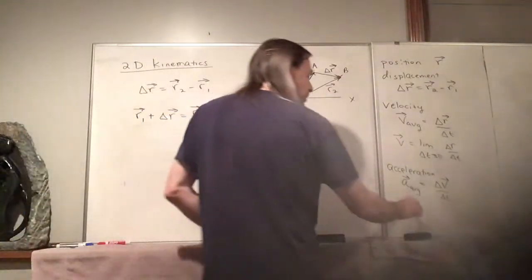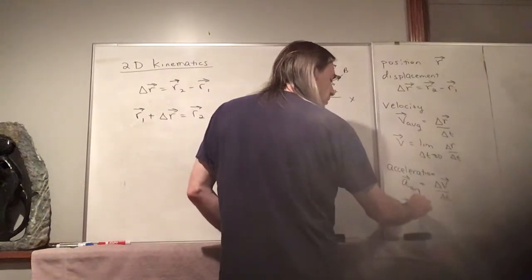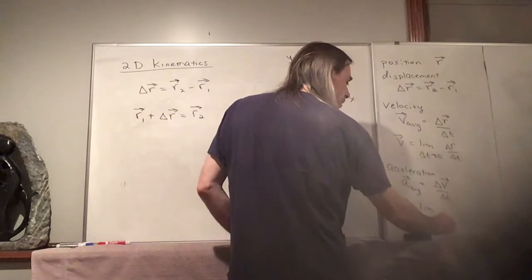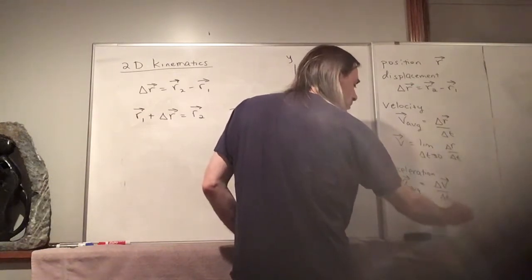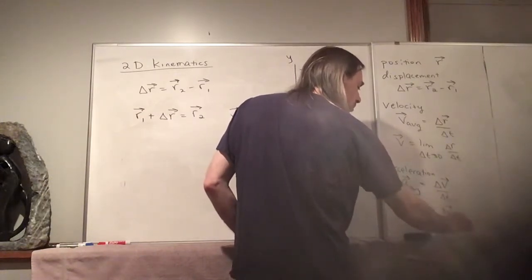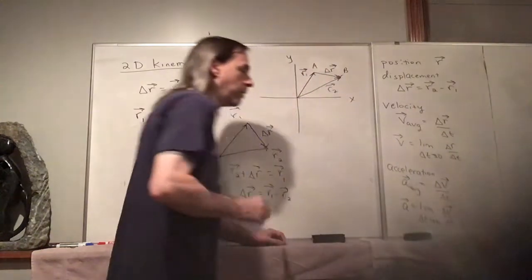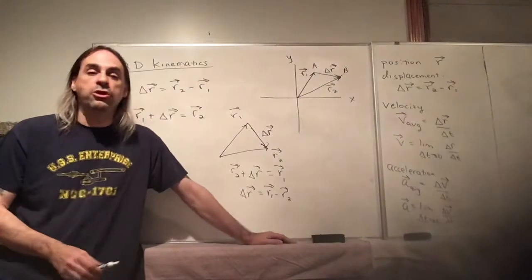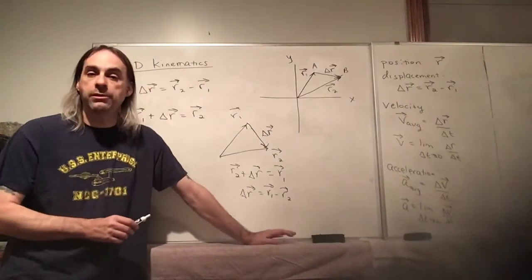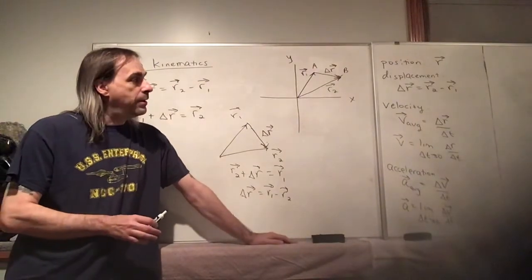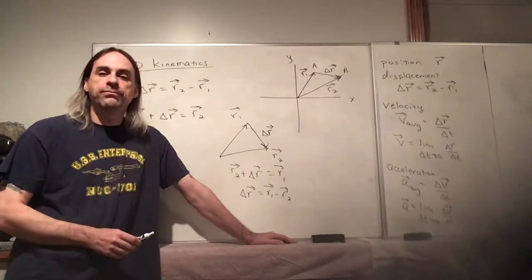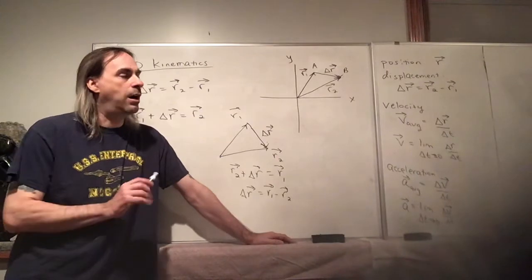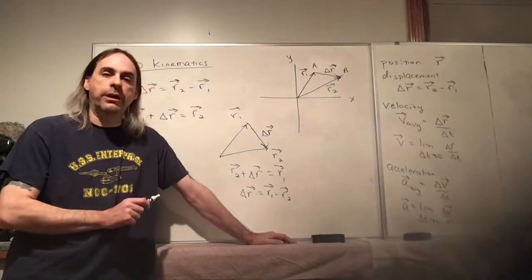And then, of course, the instantaneous acceleration. We take the limit that delta t goes to 0. Delta V over delta T. So basically, we're just mirroring what we did in chapter 2, except we're dealing with vectors. And just like in chapter 2, we're going to restrict ourselves to the case of constant acceleration.